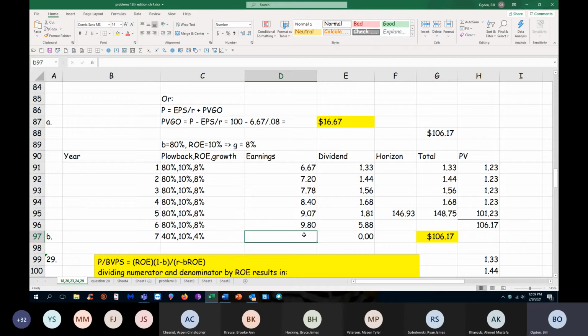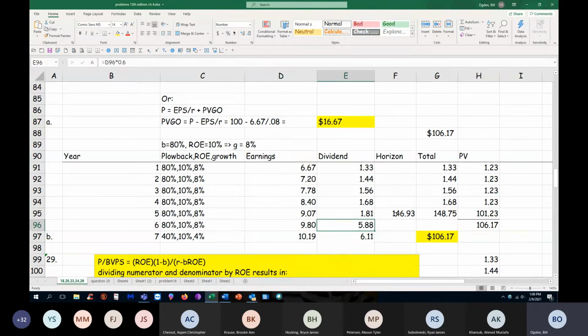Well, now we're growing at, we'll take the above value, 9.8, times 1 plus, and since we're paying out 60%, we're retaining 40, so B is 40%, times ROE, means that we have an effective growth rate now of 4%. So from this point on, these earnings will grow at 4%. From this point on, these dividends will grow at 4%. So this is my first dividend in the constant growth stream.